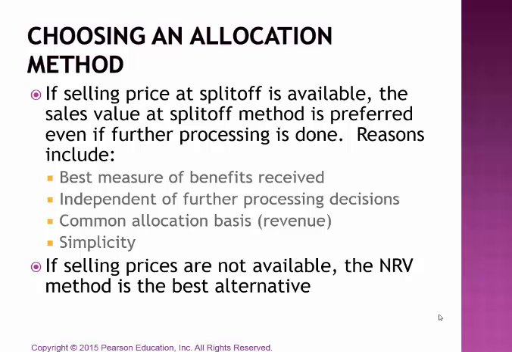If, however, selling prices at the split off point are not available, then we should try to use the NRV or net realizable value method. It is our next best alternative. Under this one that we've just seen, the constant gross margin method, it is the only method of allocating joint cost under which products could actually receive a negative allocation.